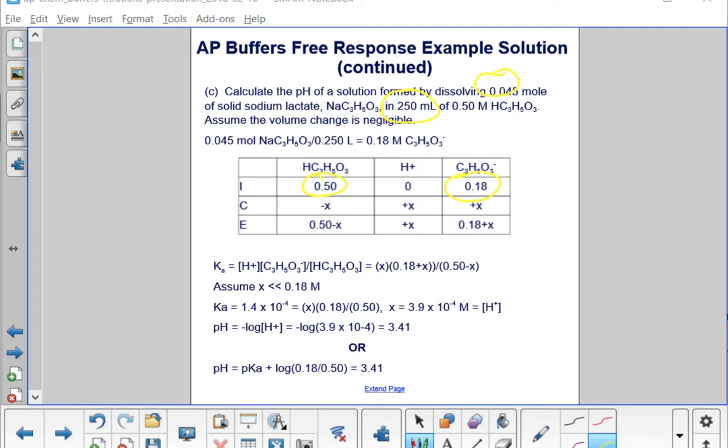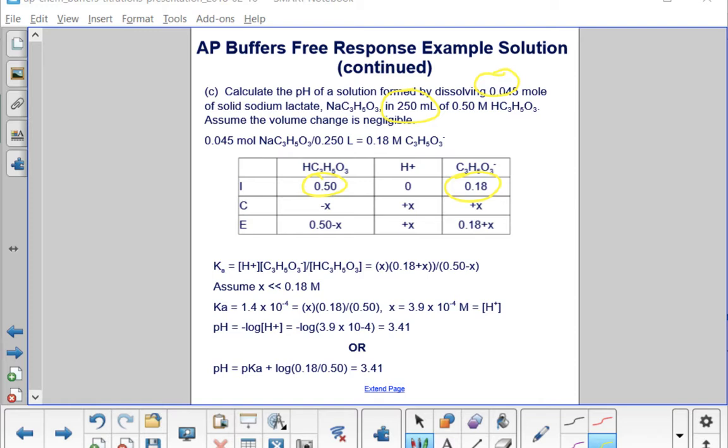So what's going to happen? Well, I'm going to decrease my lactic acid concentration, increase both my H plus and my lactate concentration by an amount X. And I can find my new concentrations at equilibrium.